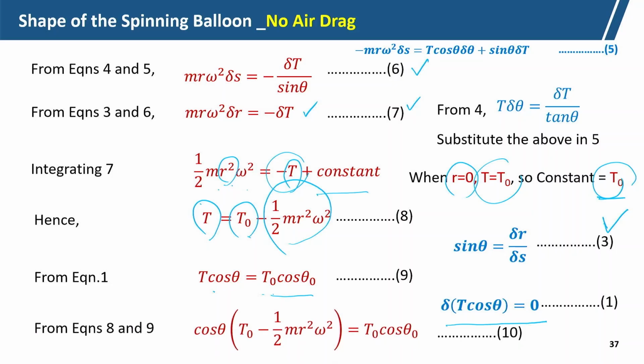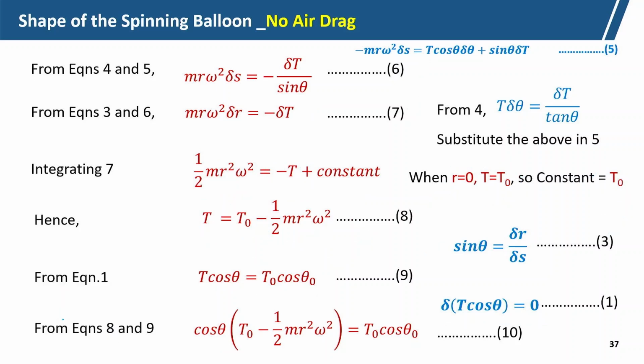And from equation 8 and 9, these two equations, we are replacing the value of cos theta, and we are replacing the T value with T0 minus half m r square omega square, equal to T0 cos theta 0. So, this is the relationship number 10.